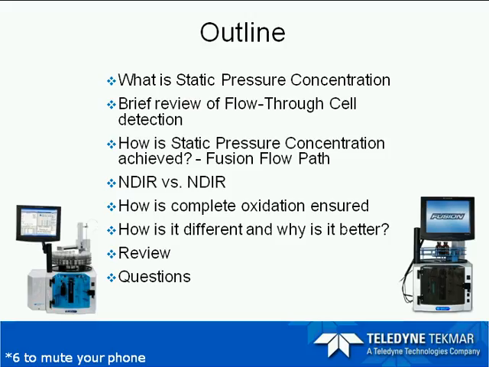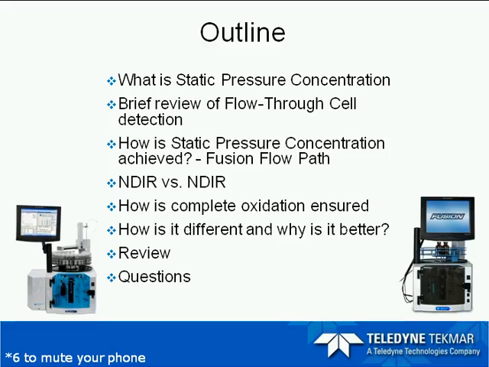And then we're going to go over how do we achieve static pressure concentration. And the best way I thought to show this would be to go over an actual flow path of the Fusion during the analysis. So we'll go through step by step of how the analysis is conducted, and show you what is going on in each stage of the pathway.